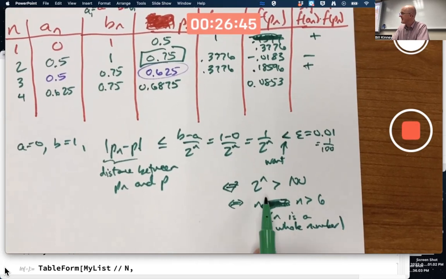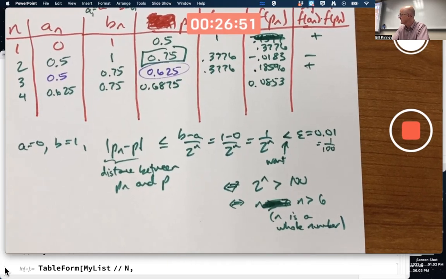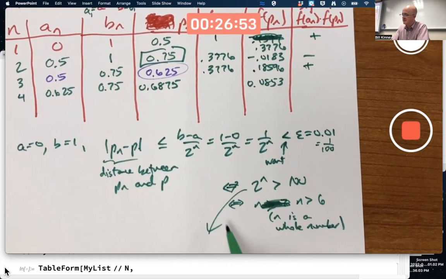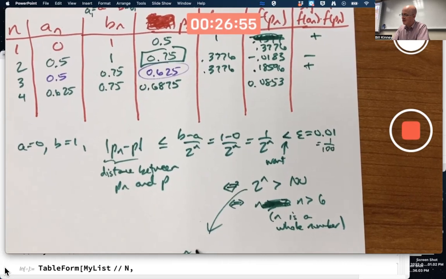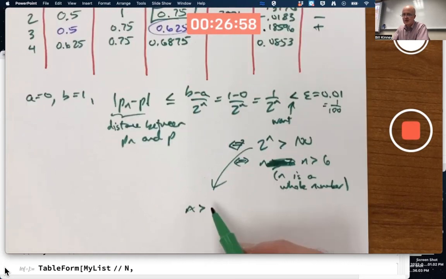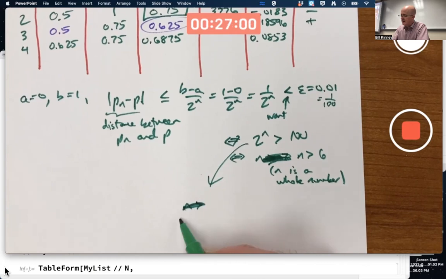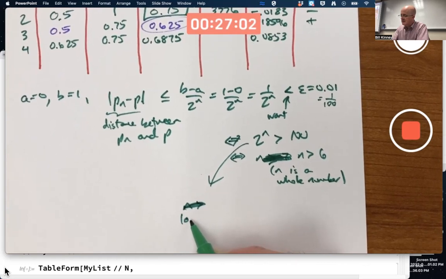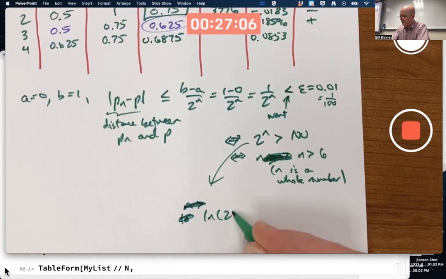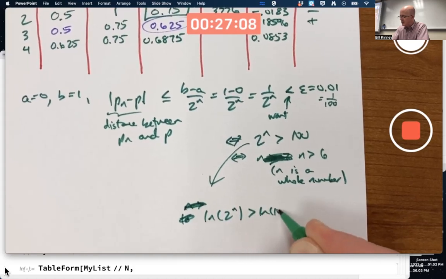To find a more precise solution set of this inequality, if you allowed irrational numbers, for example, you'd want to use logarithms. n would be greater than, well, I could write a log base 2, but ln of 2 to the n would have to be greater than ln of 100.